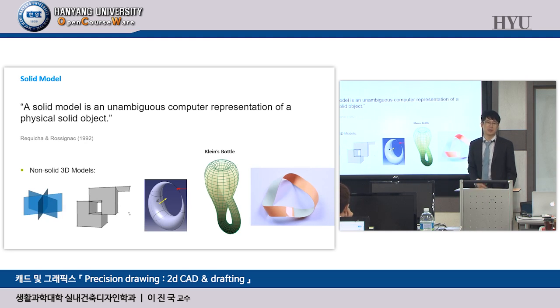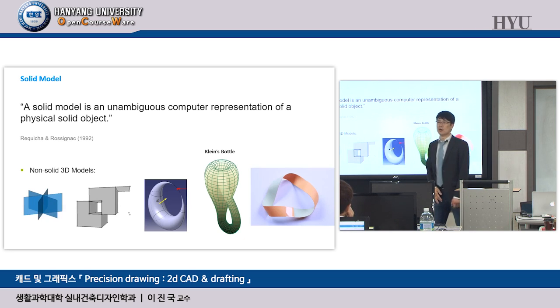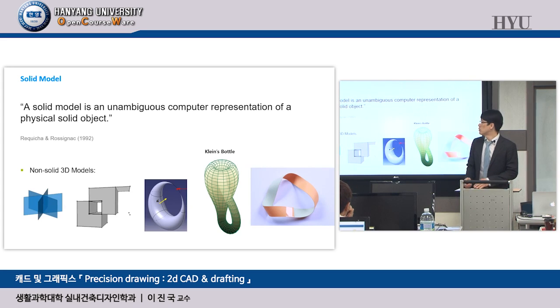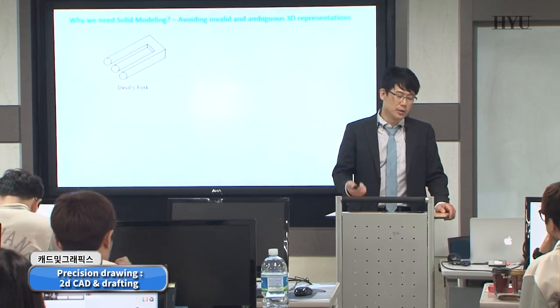It's kind of upside down, complicated. This is the problem of the surface model. So these are all ambiguous and ill-defined, okay? To overcome those mathematical problems, that's why we need the solid model.